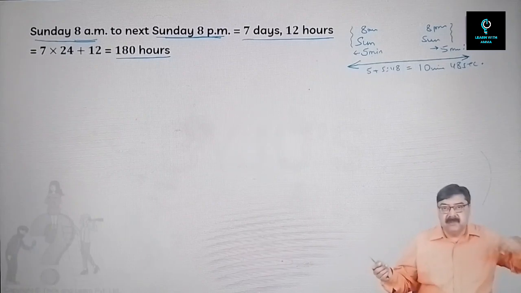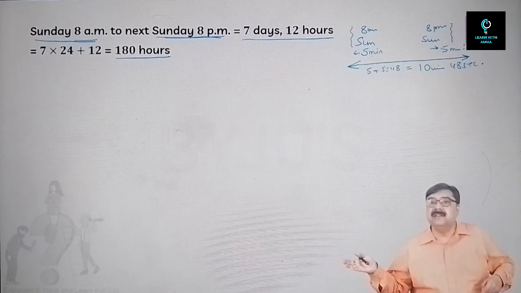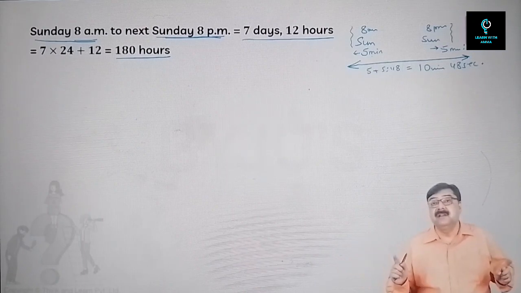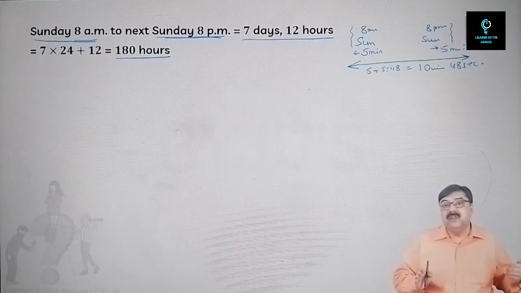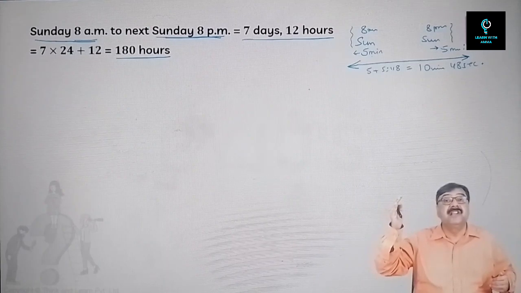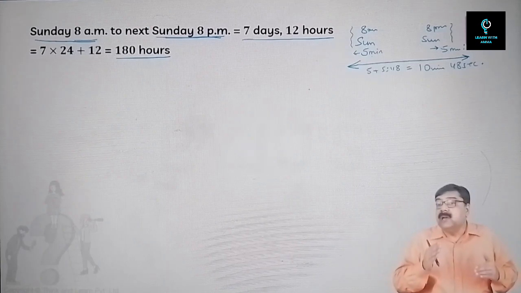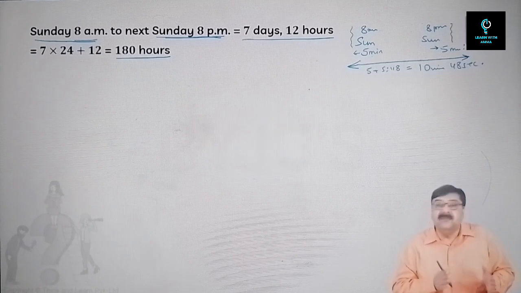So it was minus 5. Now it is plus 5 minutes and 48 seconds. So hence, the clock has gained from 5 minutes loss to 5 minutes 48 seconds gain. So the total time by which the clock has gone ahead is 10 minutes and 48 seconds.